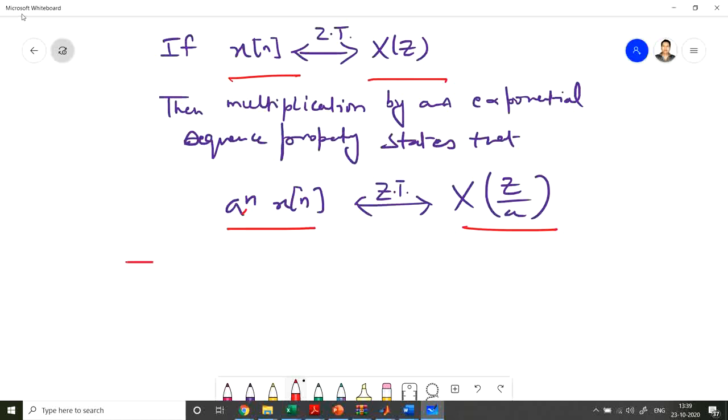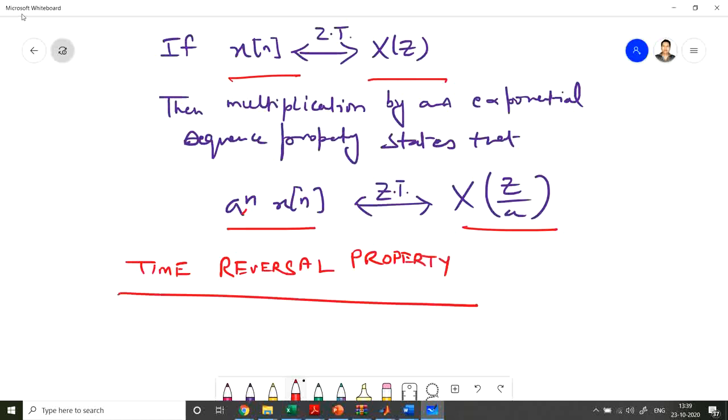Then we have the time reversal property. What does this property say?